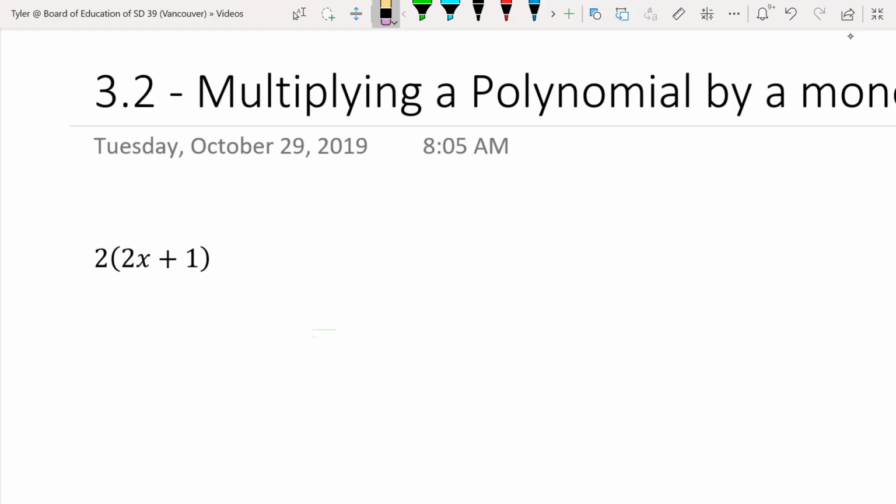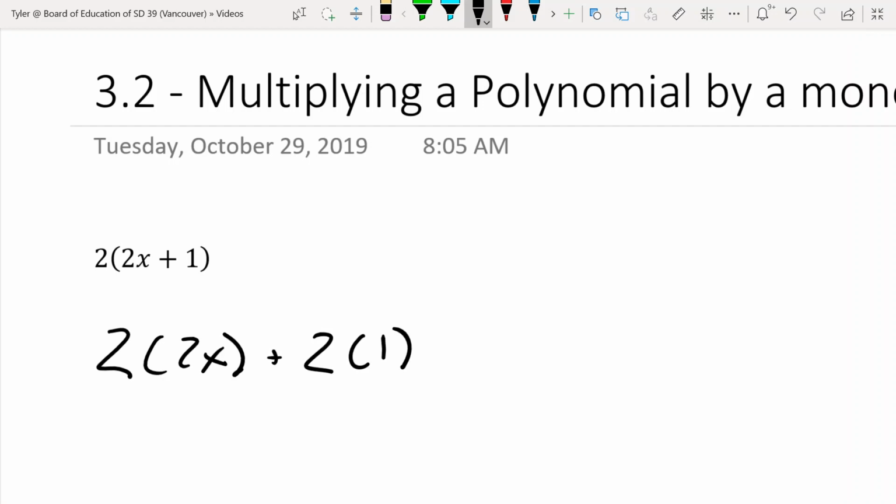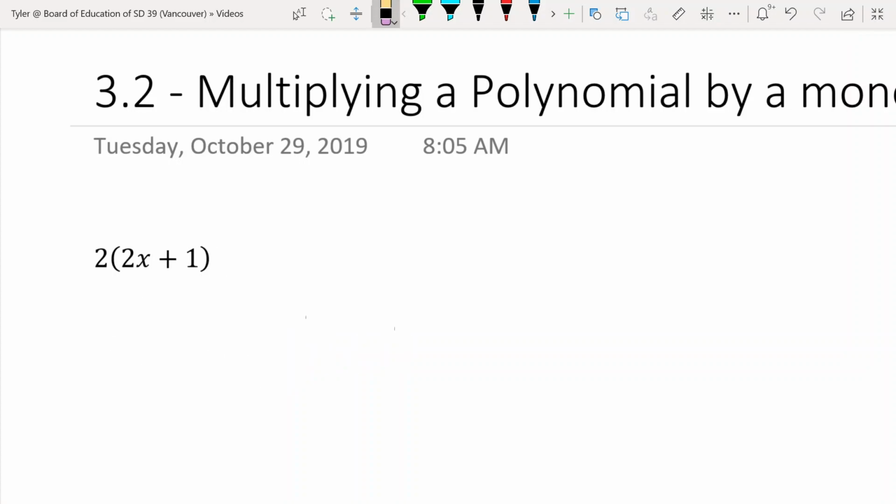So the way that we can think of this is really, okay, 2 times 2x plus 2 times 1. I'm doing 2 times the first thing, which was there, and 2 times the second term, which is there. I don't recommend writing it this way, because a lot of students will actually mess up the plus minus sign stuff going on there. So I'm going to show you an easier way that I like.